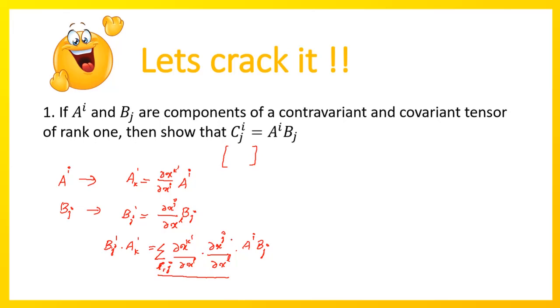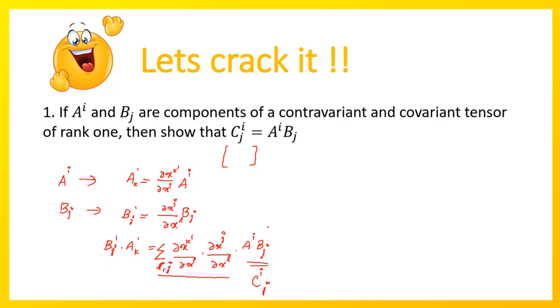So if this is the transformation equation of a component of a mixed tensor, then the term here has to be a mixed tensor. So this has to be a mixed tensor Cij. Hope you are clear with this.